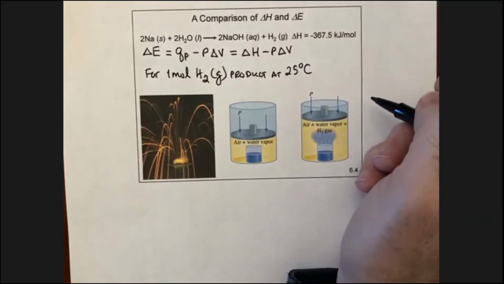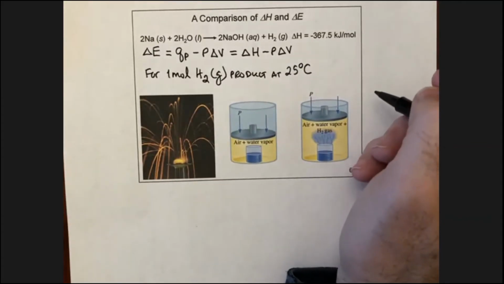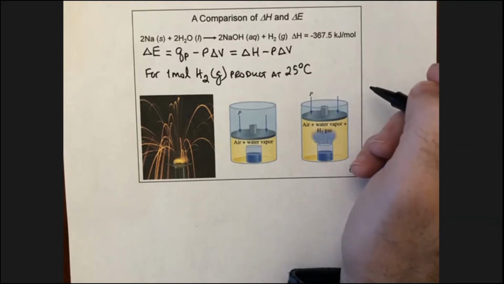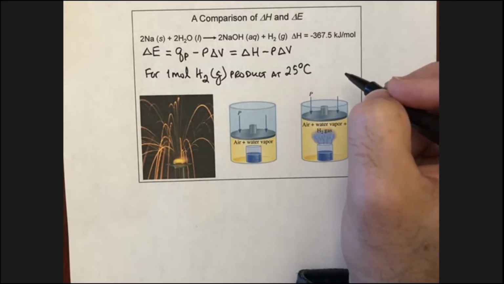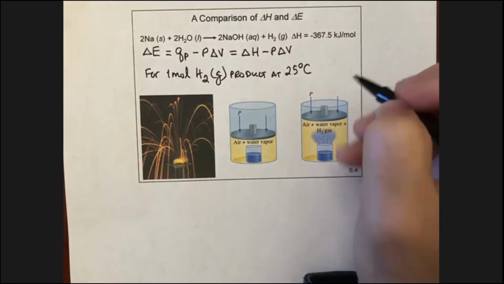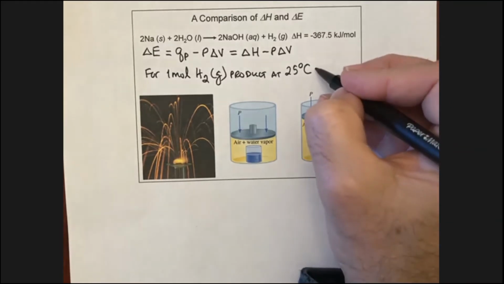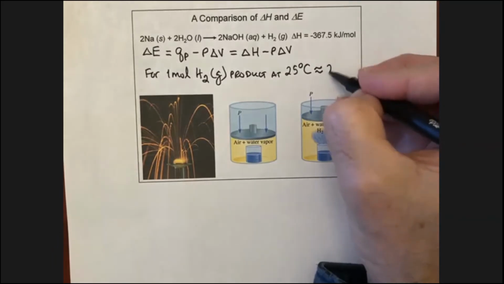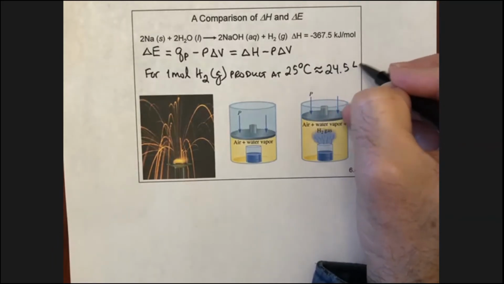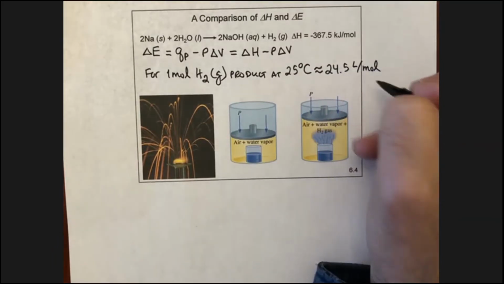Now, you followed along a virtual experiment just now, experiment 5, and you're calculating things like the liters per mole of a gas under our lab conditions. Well, it turns out that for 1 mole of gas at 25 degrees, this comes up to about 24.5 liters per mole.